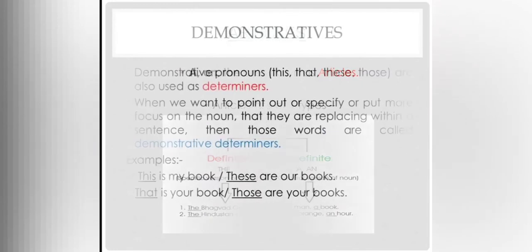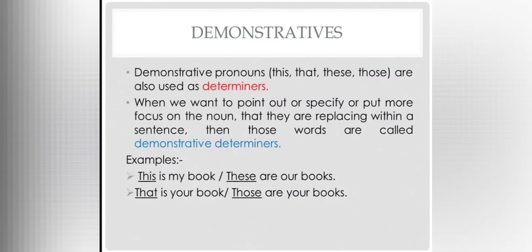Now, demonstrative determiners. Demonstrative pronouns this, that, these, those are also used as determiners. When we want to point out or specify or put some focus on the noun that they are replacing within a sentence, then those words are called demonstrative determiners. For example, this is my book, these are our books.